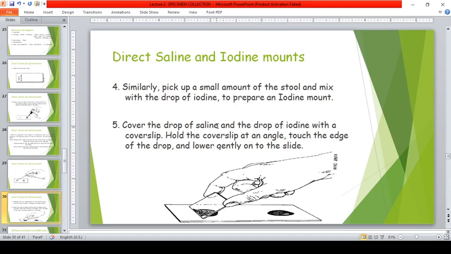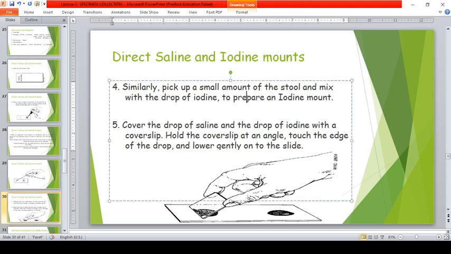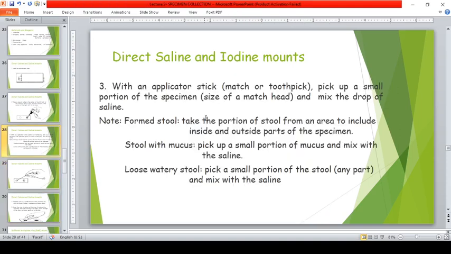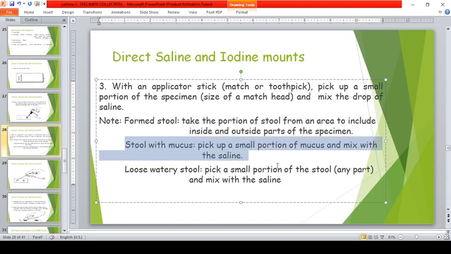Okay, so cover the drop of saline and the drop of iodine with a cover slip. Hold the cover slip at an angle, touch the edge of the drop, and lower gently onto the slide. Okay, so sabi dito, similarly, pick up a small amount of the stool and mix with the drop of iodine. So, di ba sinabi ko kanina, most likely hindi na yan pina-perform sa stool with mucus and loose watery stool.